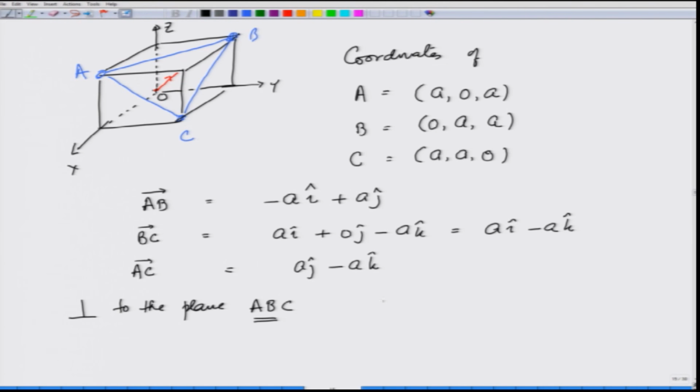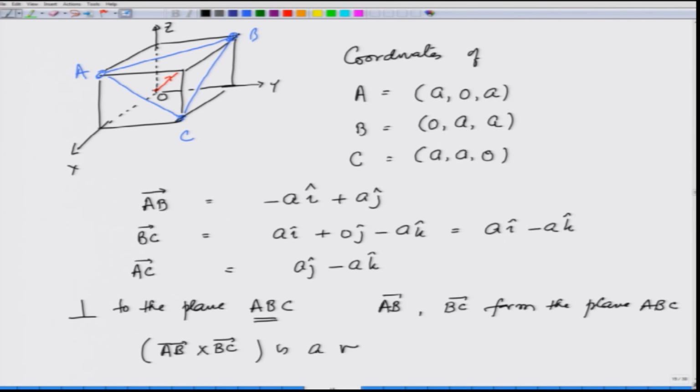Remember, two vectors are enough to form plane ABC, and AB cross BC is going to be a vector perpendicular to the plane ABC, because the cross product is always perpendicular to the plane formed by those two vectors.